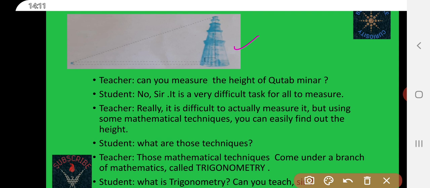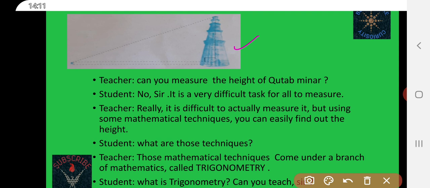What is the height of this minar? And he thinks, how do people measure it? So out of curiosity to know the height of this Qutub Minar, he asks his teacher how he can know.